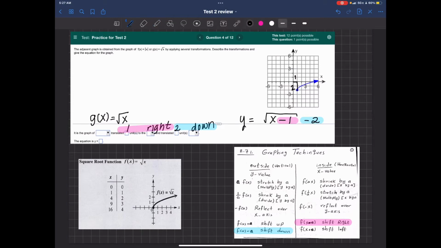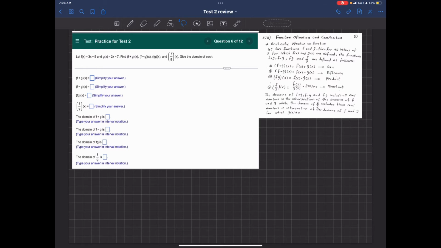And then to simplify it, x minus 1 minus 2. So that, and if you are wondering about the vertex, or about the starting point, excuse me, that's going to be 1.